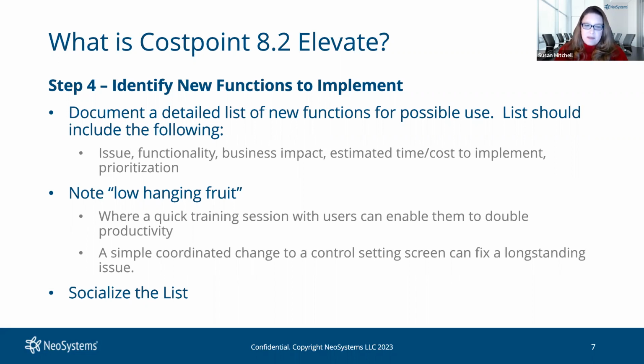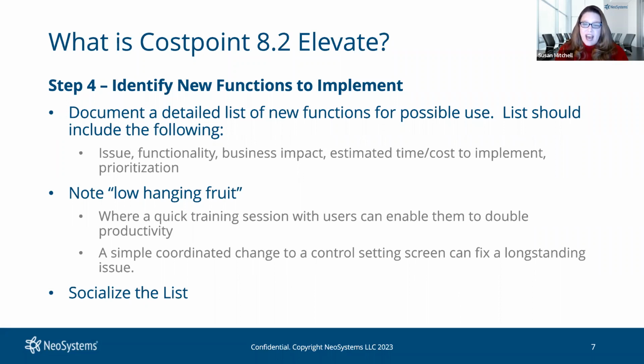The other one that I've come across is a change to a control setting. Many of the users that are out in the field, the everyday users, don't know how the system is set up. They don't know that there's a control screen that is driving many of the things that they do. So they might be experiencing an issue, and it's literally sometimes as simple as a control screen needs to be changed.